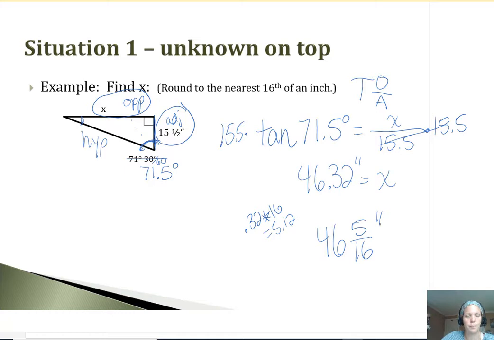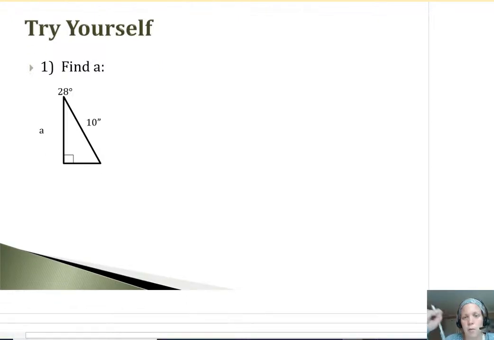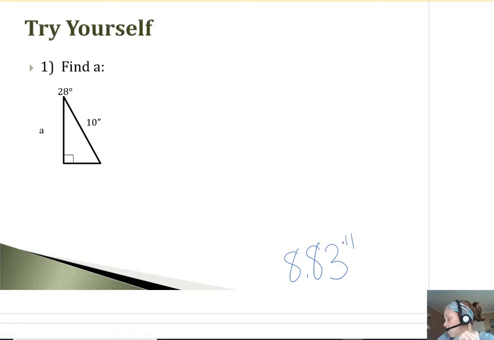of an inch. Okay, now the next two, I'm not going to go through the next two, but I would try to, maybe pause the video right now, set them up, see if you get them. I'll tell you right away the answers, or right away jot down the answer and then see if you can get to this. The first one is 8.83 inches, or that would be, what would that be? 11/16?